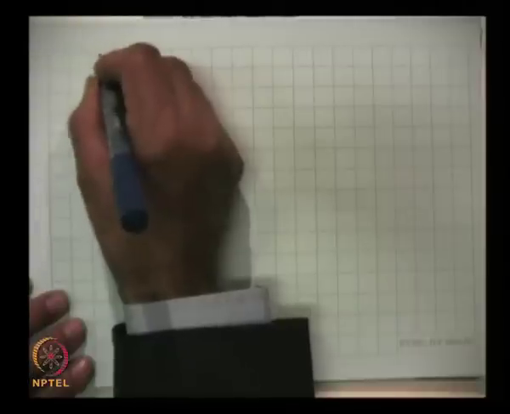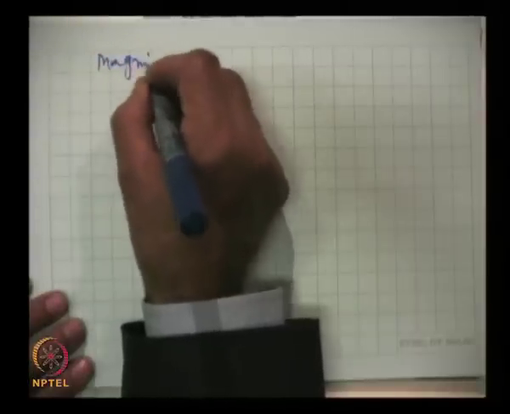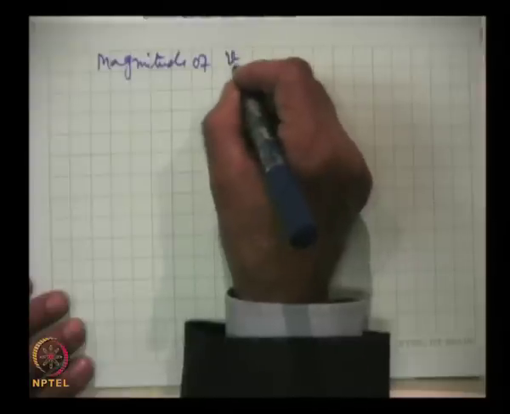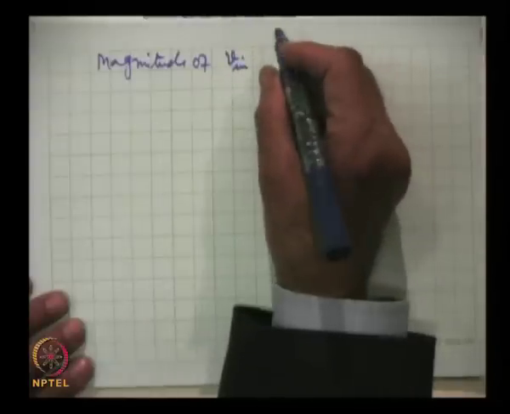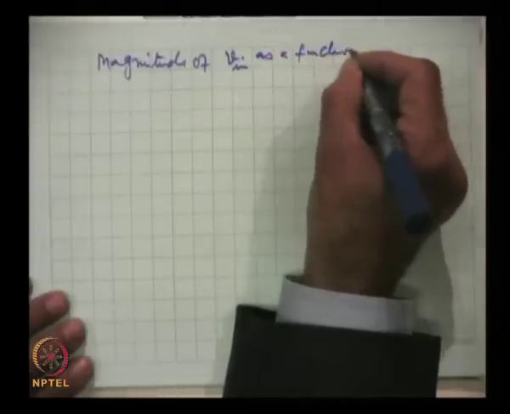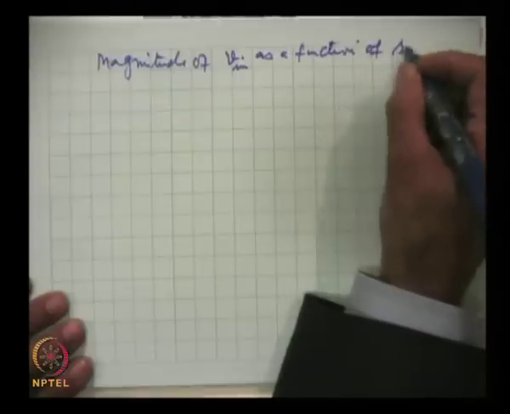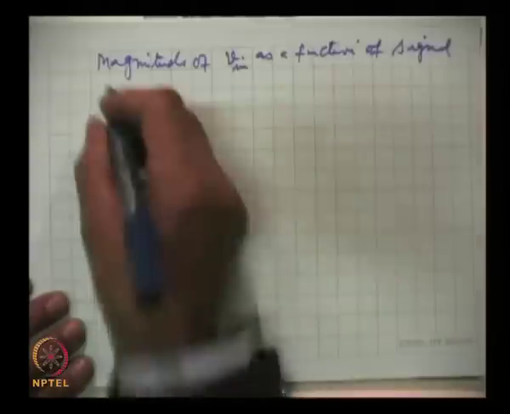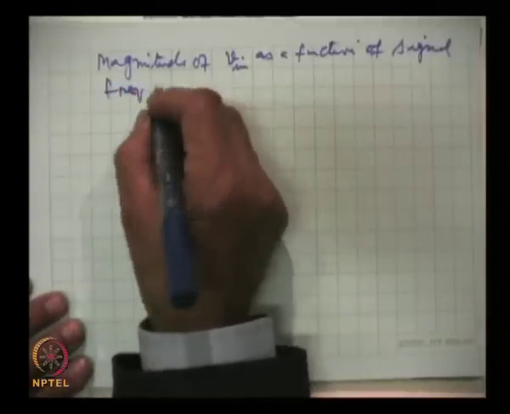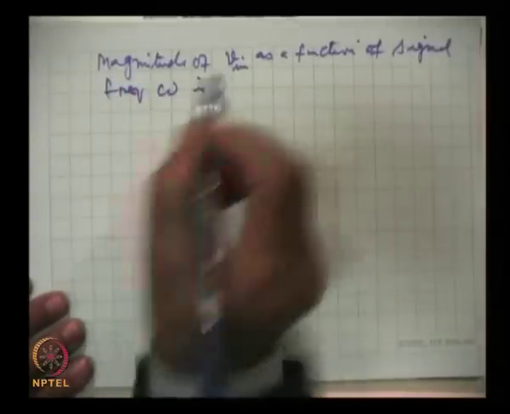The magnitude of Vin as a function of signal frequency omega is this.